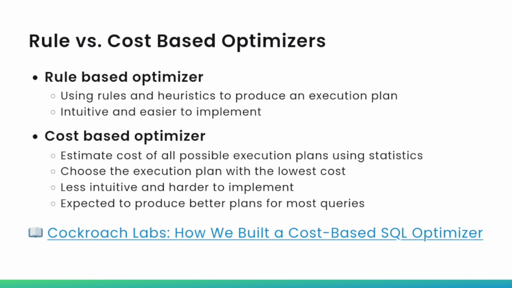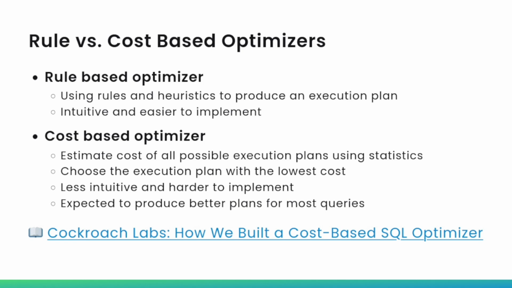Meaning like if I'm trying to access a table using a column that has an index defined on it, use the index, okay? So most large database engines, the ones that you're probably using, are not using a rule-based optimizer. They're using a cost-based optimizer.